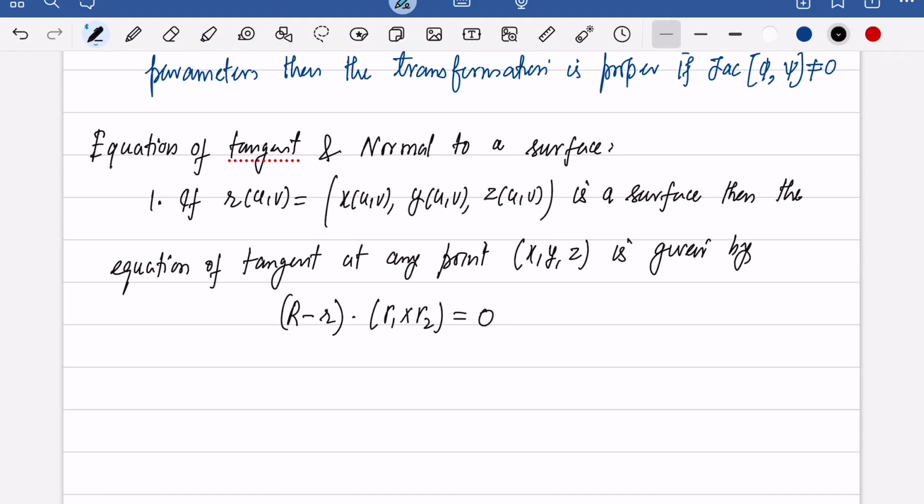This is actually the scalar triple product, which we can write as r minus r, r1, r2 equal to 0.